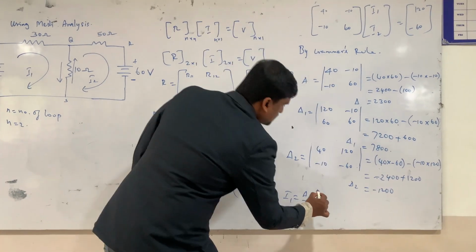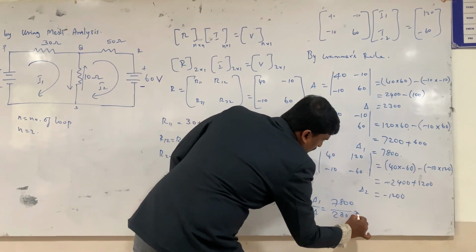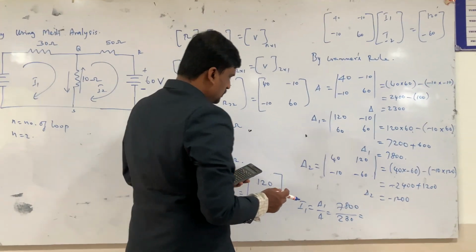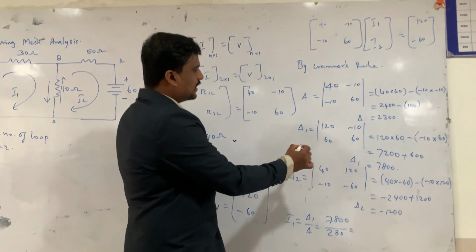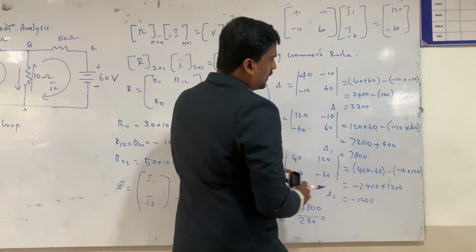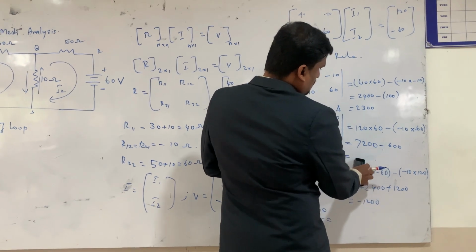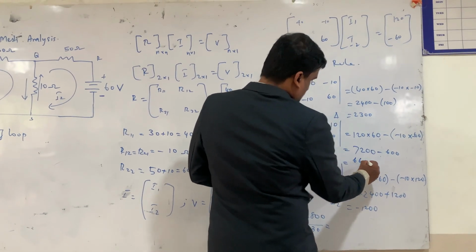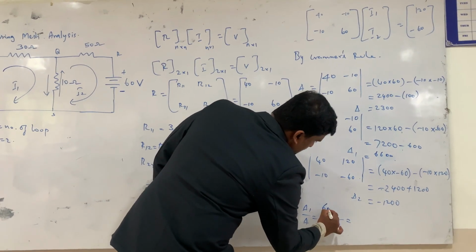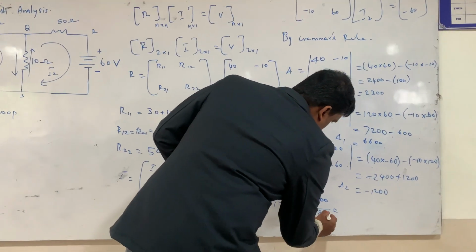Here there is a correction: it is minus 60, so del 1 is 6600, divided by 2300.